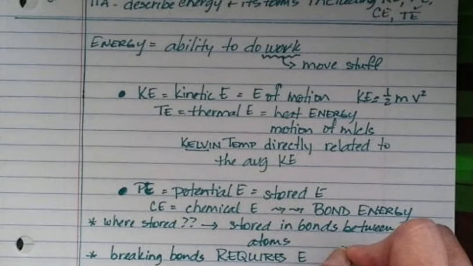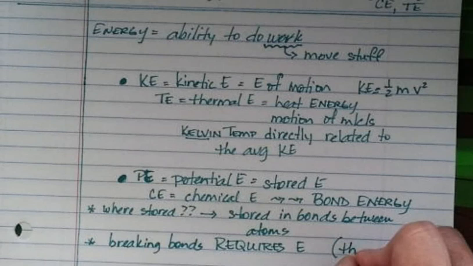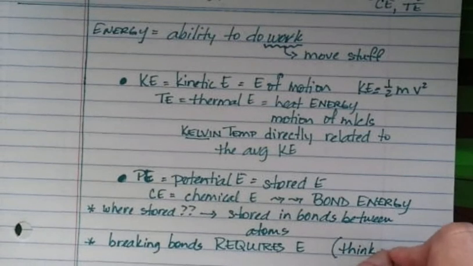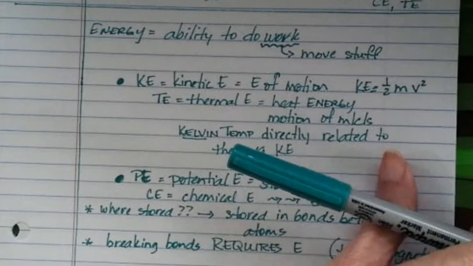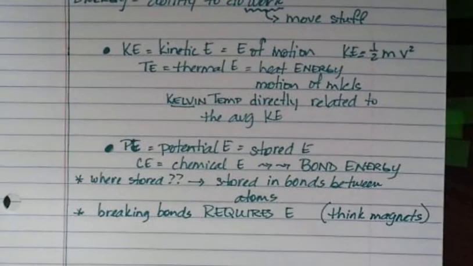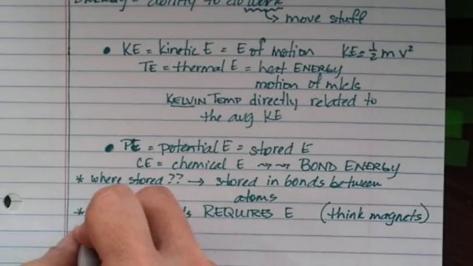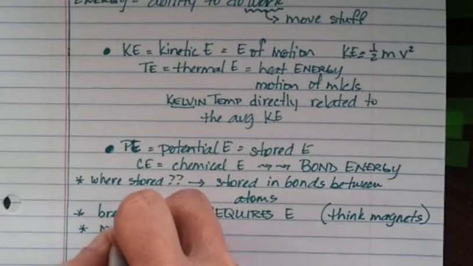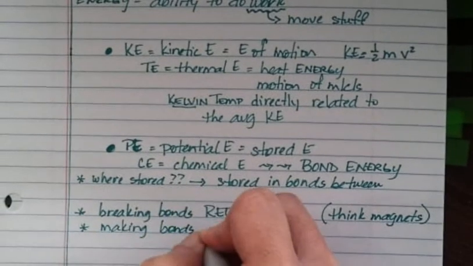And a way to keep this straight in your head, I want you to think magnets. It's not a perfect example of this, but it kind of gets it straight in your head. You have to really put energy into it to pull those magnets apart. The other thing is that making bonds releases energy.